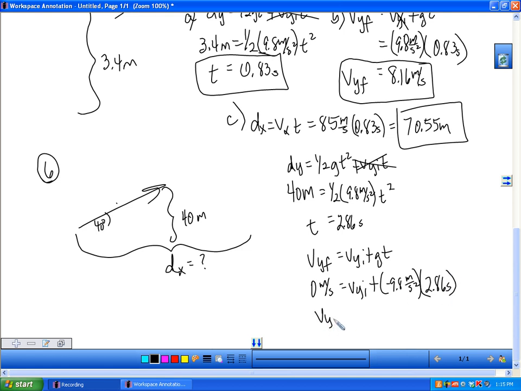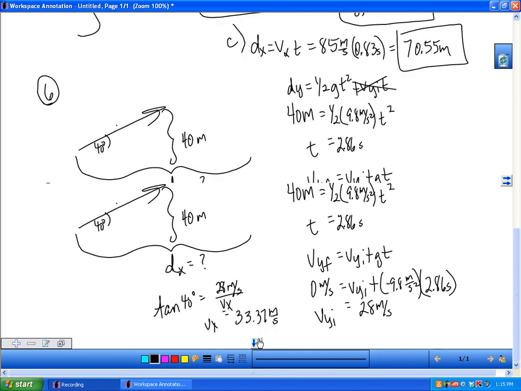So I solved for Vyi, and I got Vyi to be 28 meters per second. And then I said the tangent of 40 degrees is equal to 28 meters per second over Vx. So I solved for Vx, and I got Vx to be 33.37.